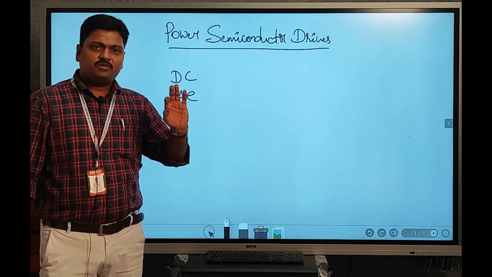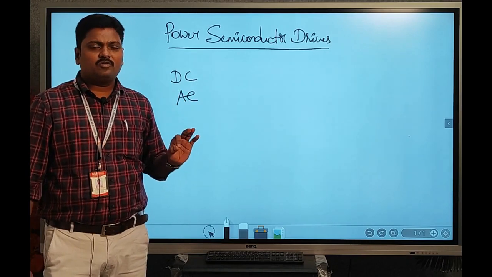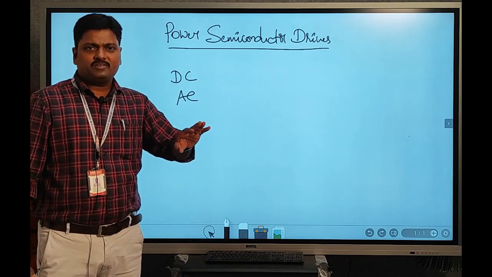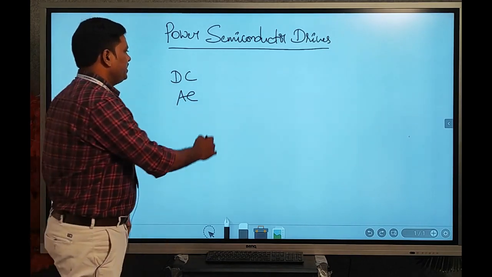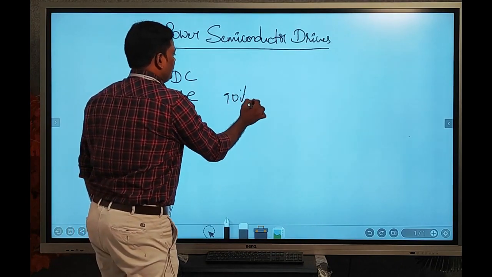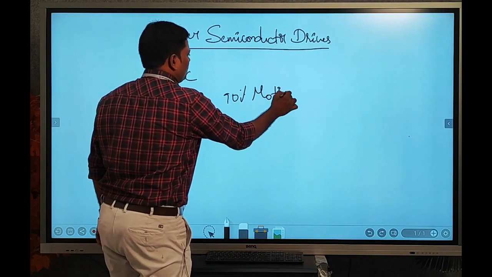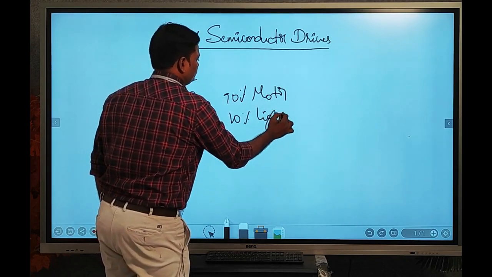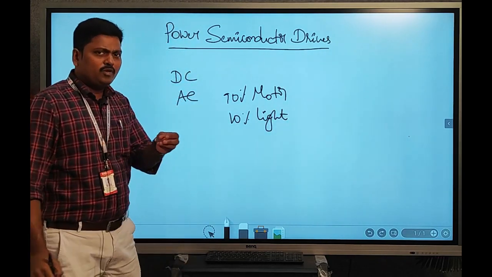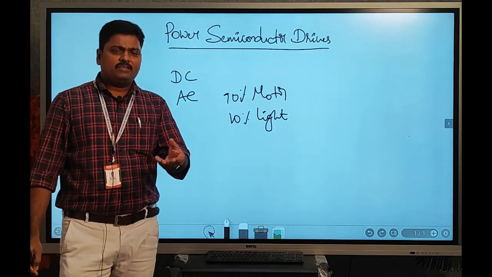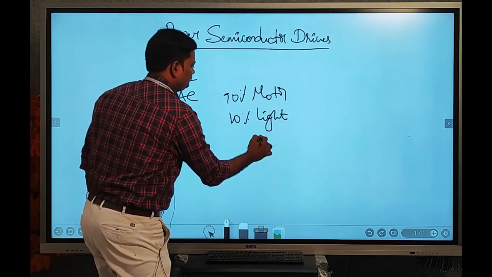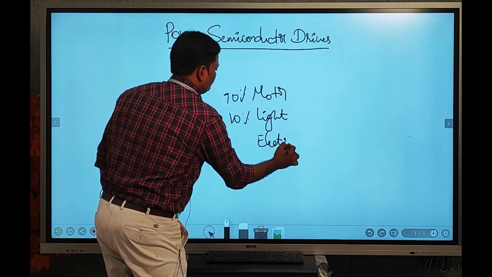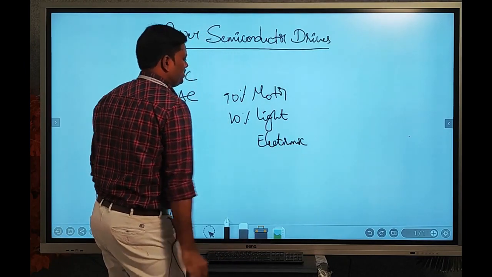So 90% of the loads used in the average household will be motor load, and the remaining 10% will be light load. Light load may be very low power required for electronic loads, which need very little power.